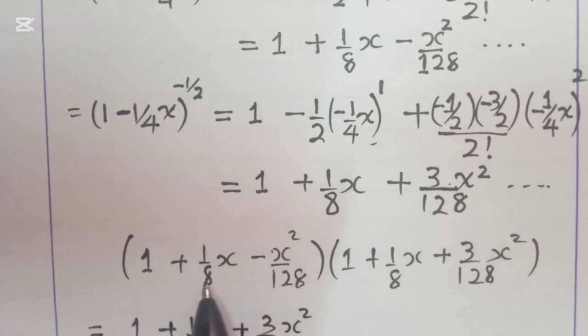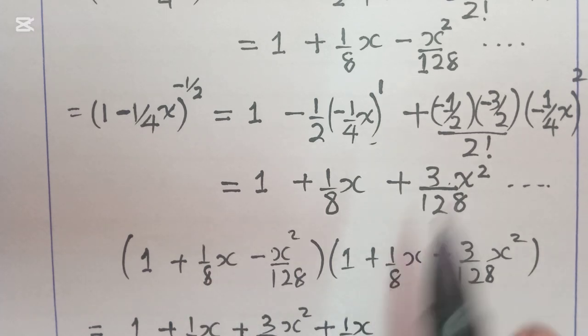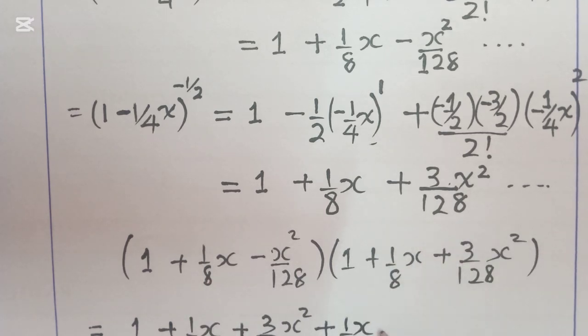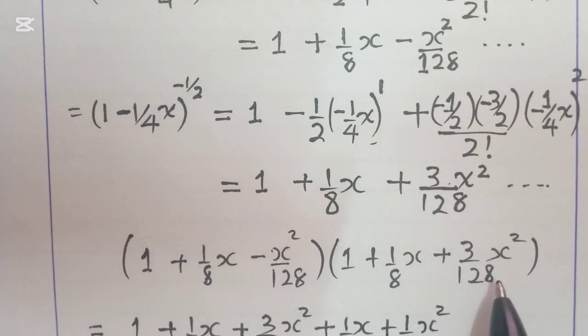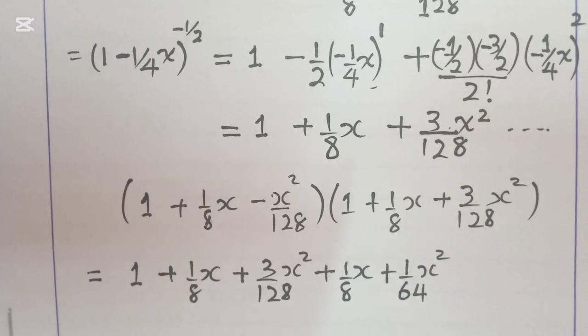Then I come to this term, 1 over 8 multiplied by 1, that will give me another 1 over 8 x. Then this and that will give me 1 over 64, and that is going to be plus 1 over 64 x squared, like that. For this other one, we leave it, because now it's going to give us x cubed.